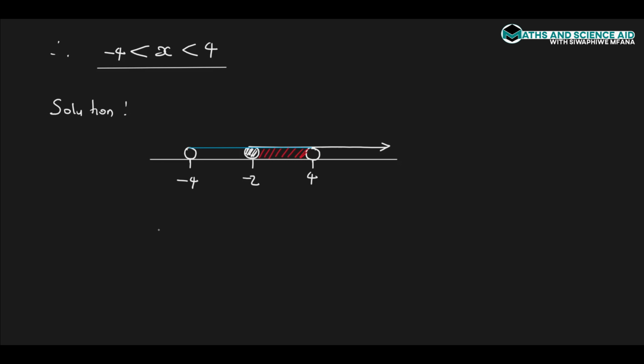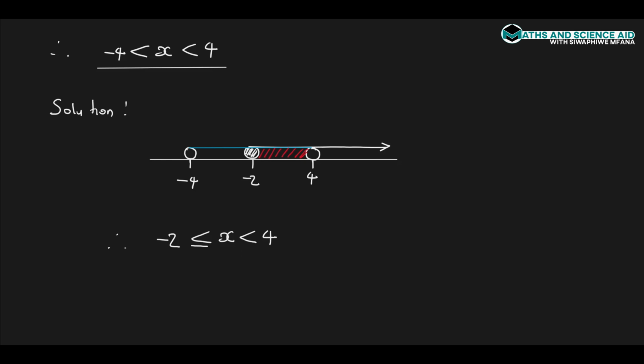Therefore, we can now write our solution as x is greater or equal to, remember that we have shaded this to show that negative 2 is included in the solution. So x is greater or equal to negative 2, but less than positive 4. And here 4 was not included in the solution, or we did not have or equal to.